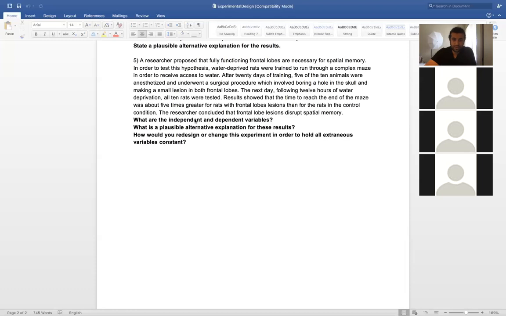The researcher concluded that the frontal lobe lesions disrupt spatial memory. So what do you think the dependent and independent variable is for this one? This one is not that complex. You know what they are trying to study, and we know what it is that they're changing.